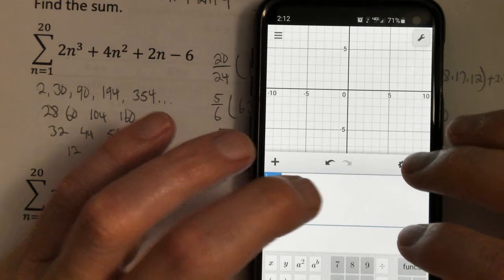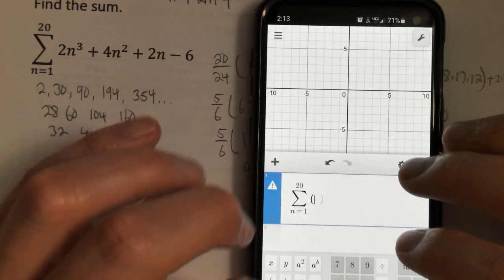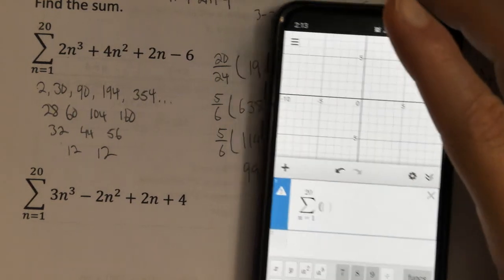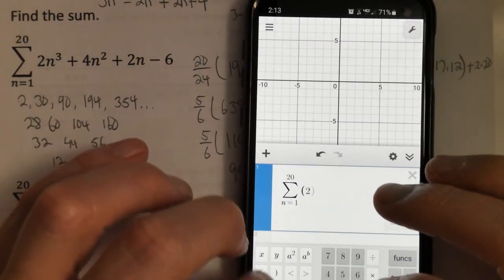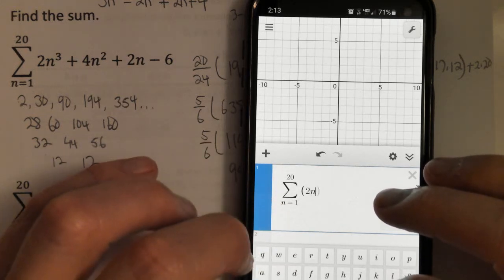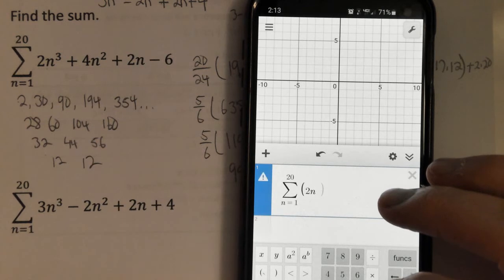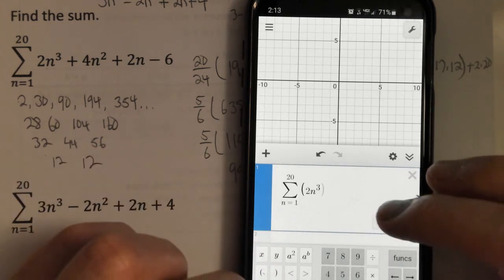We're going from 1 to 20. Don't forget this part needs to be in parentheses or it doesn't work out right. So it's going to be 2, and that's going to be raised up to your third power. So we got plus 4.